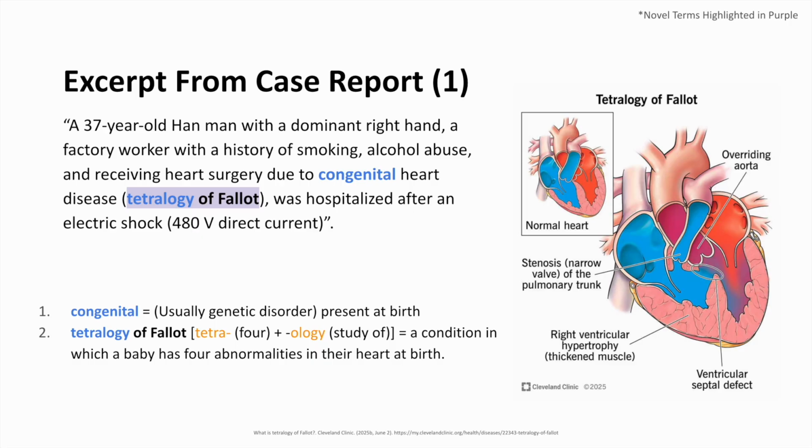It could be an overriding aorta, stenosis. Remember, stenosis is narrowing of something, and this time it's a stenosis of the pulmonary trunk. Then right ventricular hypertrophy: hyper, excessive, trophy, growth or nourishment, so thickened muscle in the right ventricle.